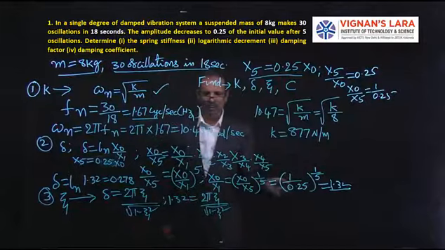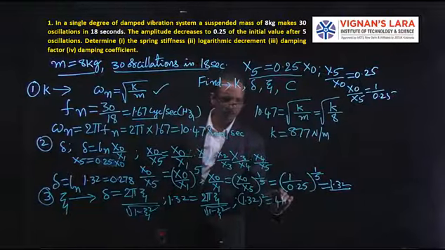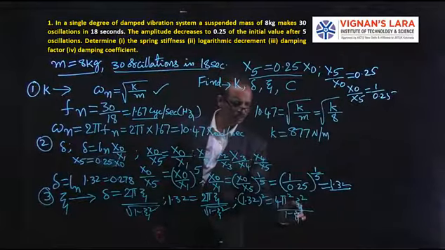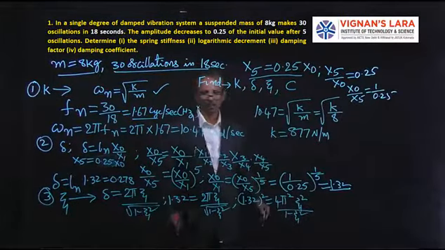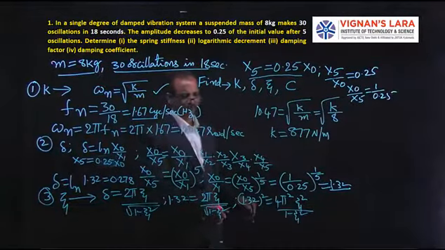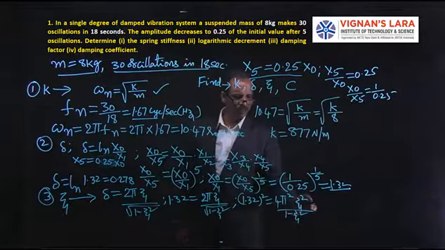Then squaring both sides, you get 1.32 square is equal to 4 pi square zeta square by 1 minus zeta square. So here both sides are squared: 1.32 whole square is equal to 2 pi zeta by root over 1 minus zeta whole square, which is 4 pi square zeta square by 1 minus zeta square.